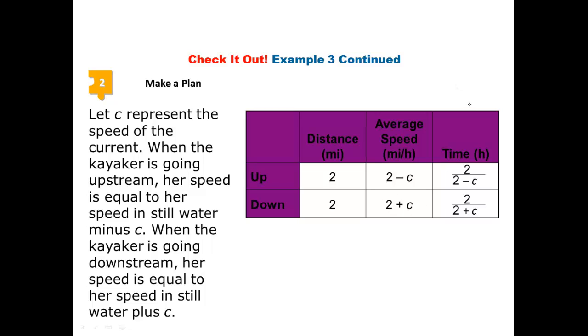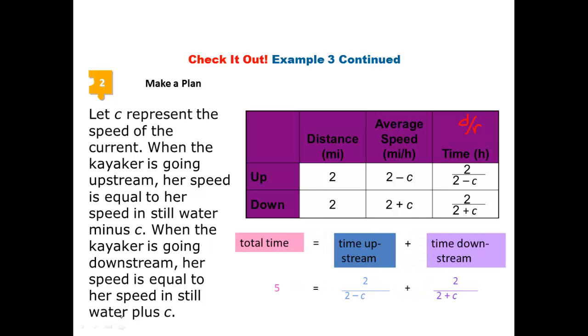And then remember, our time is distance over rate. Okay, so we know that her total time was 5 hours. So her total time is equal to the time upstream plus the time downstream. So now we just need to solve this rational equation.